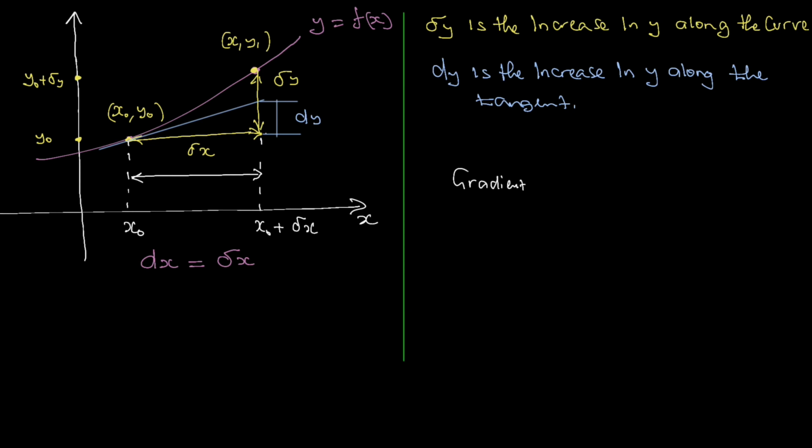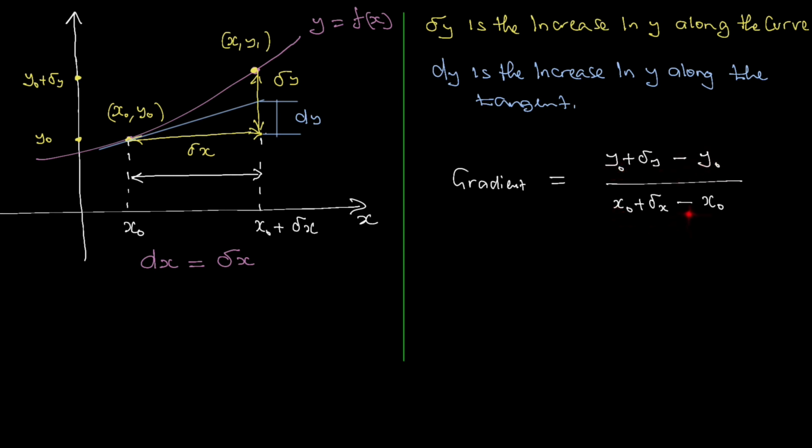And so we can write the gradient to be the change in y, the bigger y value, so y naught plus delta y, take away the y naught, and we divide that by change in x, which is x naught plus delta x minus x naught. You can see that the y naught cancels, because that's plus y naught minus y naught.